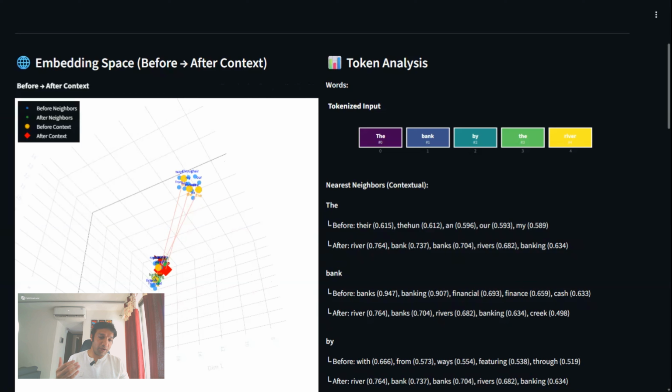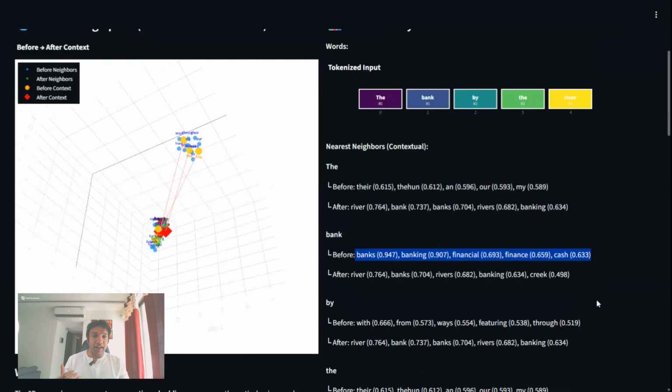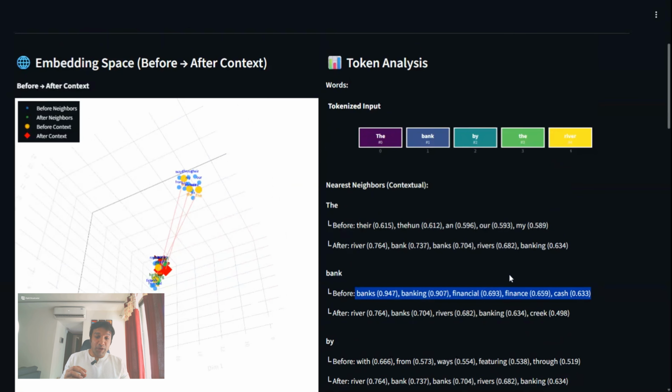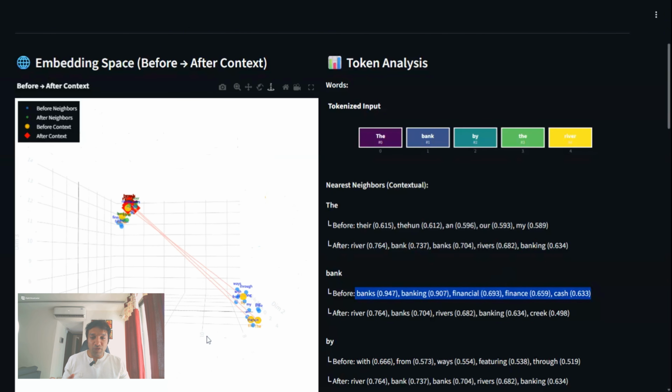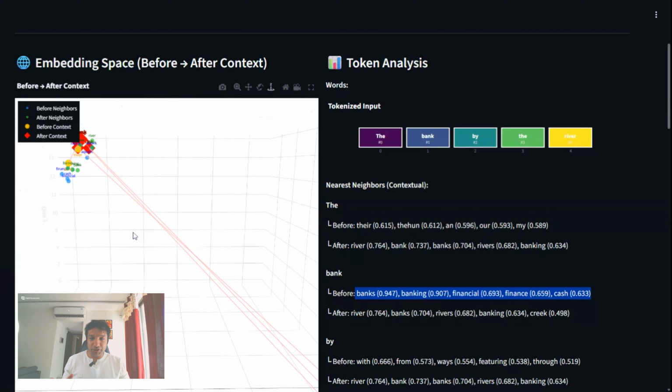The yellow dots here represent what the word meaning itself was before the LLM processed it. So before the LLM processed it, you will see that the word the was near there, the, our, my. Bank was near banks, banking, financial, finance, cash, right? But once the LLM processed the entire sentence, it moved all these points to this red position.